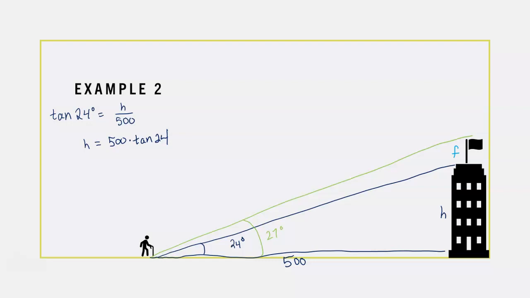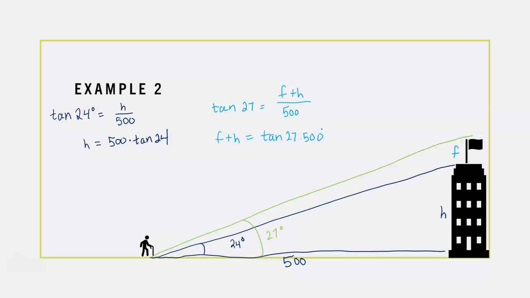And then I'm going to figure out the flagpole height. Similar, I'm going to do tangent of 27 now. And that's going to be F plus H over 500. So F plus H is going to be tangent of 27 times 500.